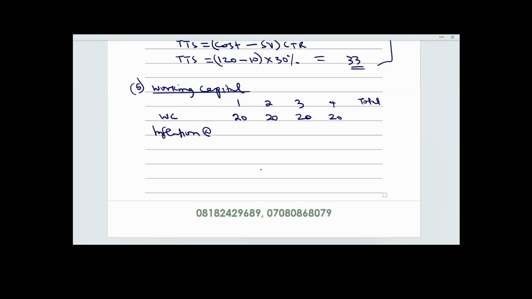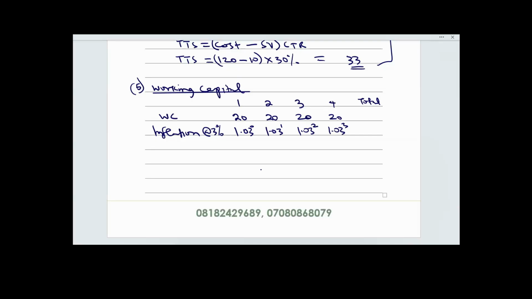Inflation at 3%. So 1.03 raised to power 0 because it's in first year price. This working capital of 20 million naira, that's the first year price. So here will be 1.03 raised to power 1, 1.03 raised to power 2, 1.03 raised to power 3.